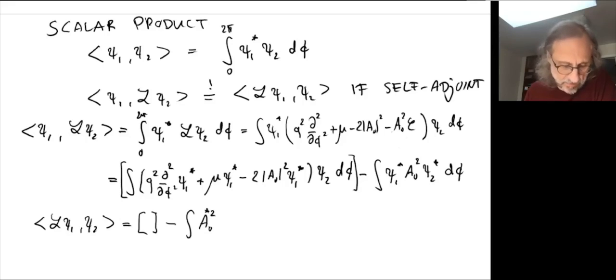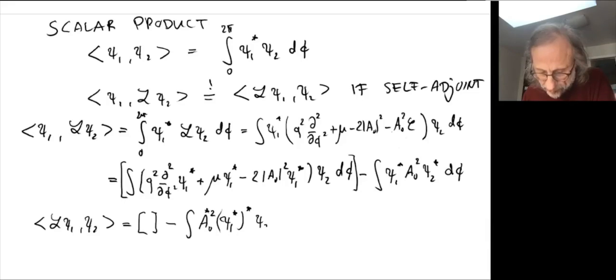So I have to take the complex conjugate of psi1, so that is psi1 star, but it's in the left slot, so I have to star it also. Okay, and then that's my guy here, and then I simply have psi2 in the right slot, so I have simply psi2. And you see that this term is exactly the complex conjugate of that term.